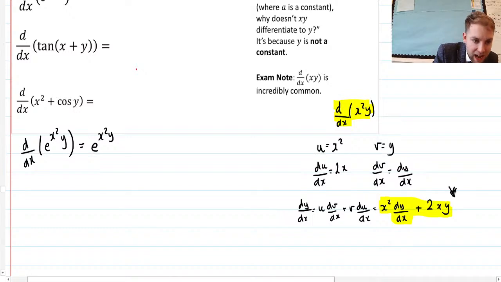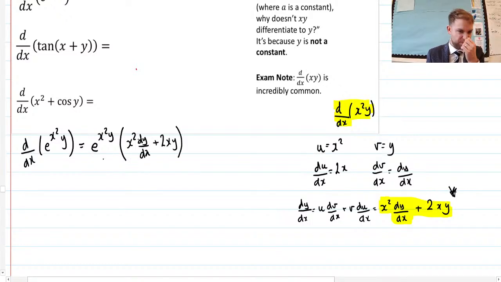So I've got to times by x squared dy by dx plus 2xy there, like so.